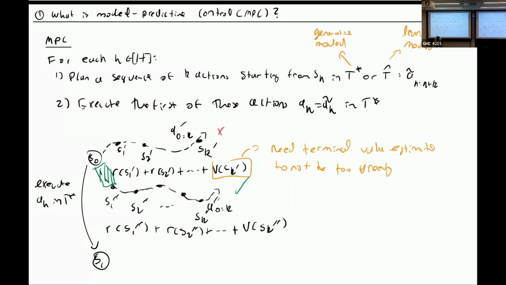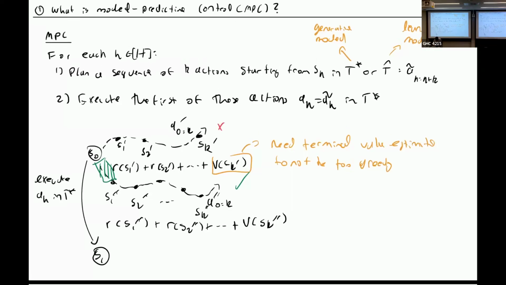So the point to take away here is that S1 is not necessarily equal to S1 double prime under stochastic dynamics. And this is what makes us need to do replanning.